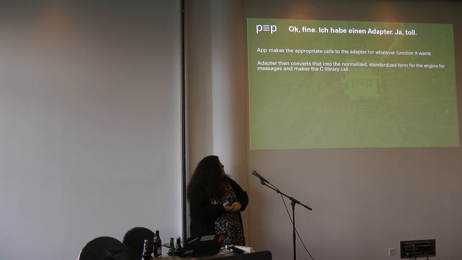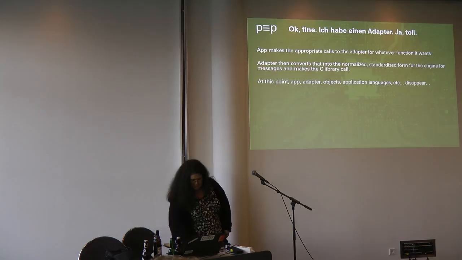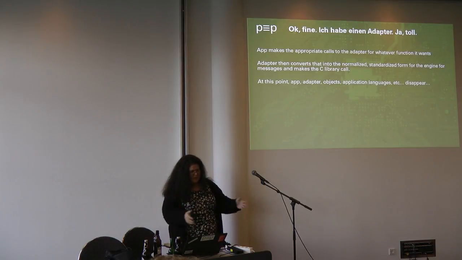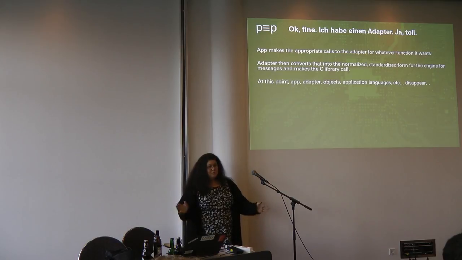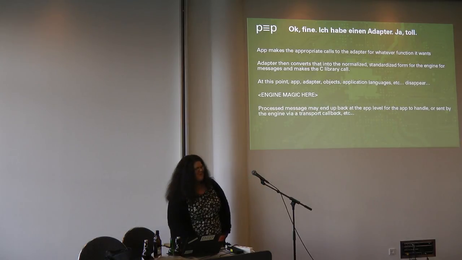So it only knows this form it gets for the message and what it's supposed to do. The adapter converts that into the normalized standardized form for the engine, and then makes the C library call. And at this point, the app, the adapter, objects, application languages, as far as we're concerned in the system, disappear for a little while. Engine magic here. I'll get back to it, I promise.